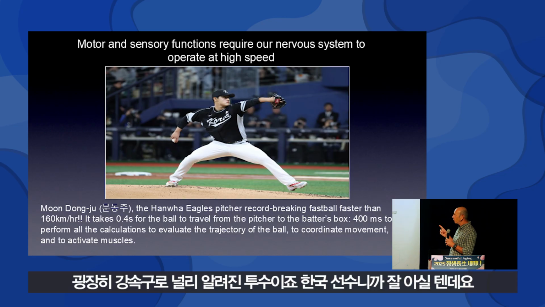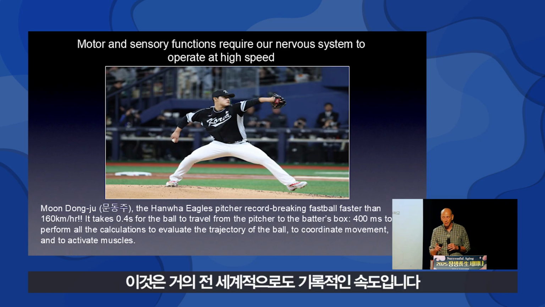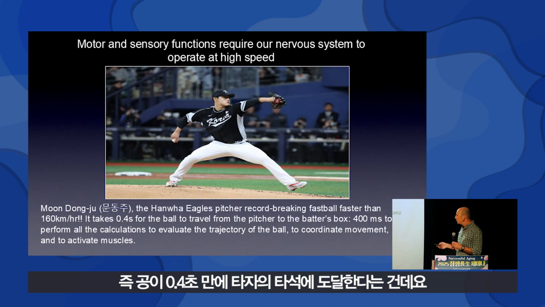He throws the balls at more than 160 kilometers per hour. This is almost the world record, by the way. Which means that it has 0.4 seconds, or 400 milliseconds, for the ball to reach the batter box.